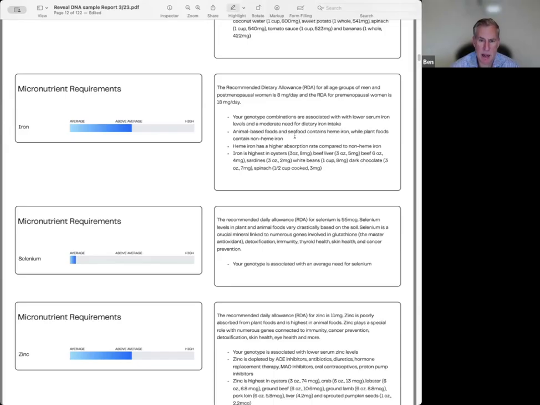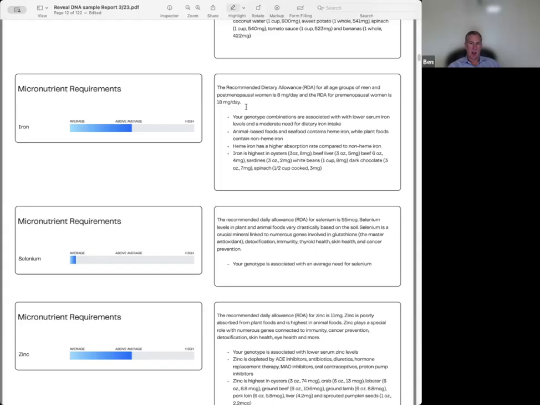Animal-based foods contain the heme iron. Plant foods contain non-heme. So you have to eat more plant-based iron than animal-based to get the same absorption rate. And again, you can see some of the top sources here. We're looking for 18 milligrams.